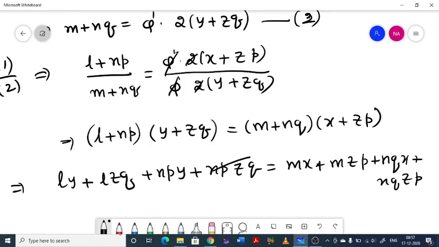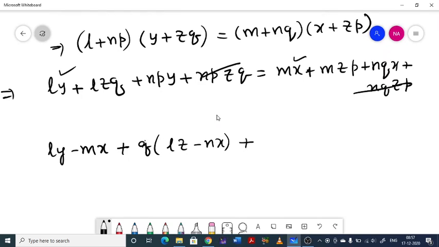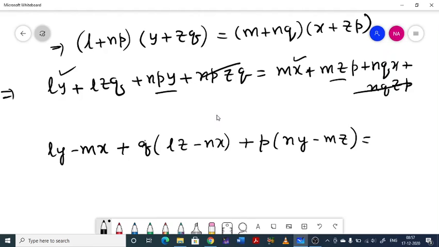Nqzp cancels with npzq, so we remain with Ly minus mx. I am taking these terms to this side: Ly minus mx, and these two terms, Lzq minus nxq, taking q outside, q into Lz minus nx, plus in these two taking p outside, p into ny minus mz, equal to 0.